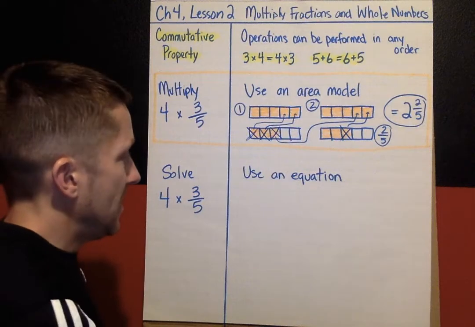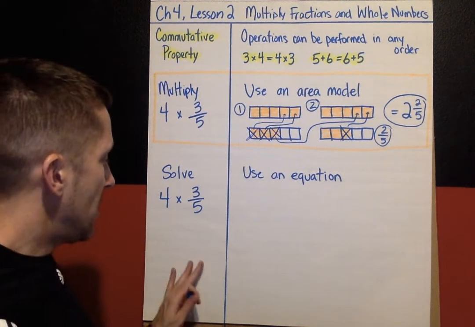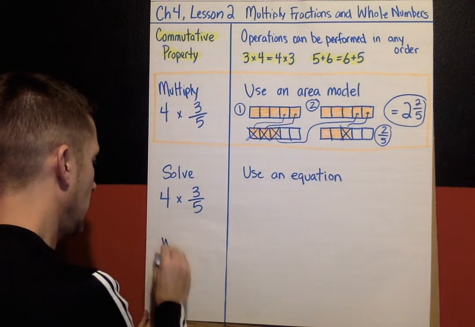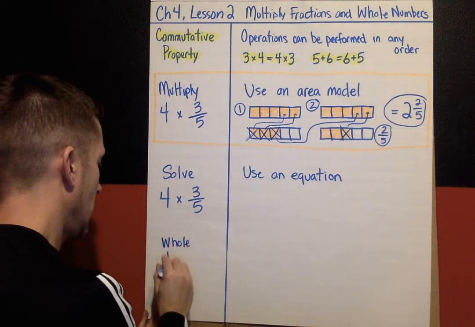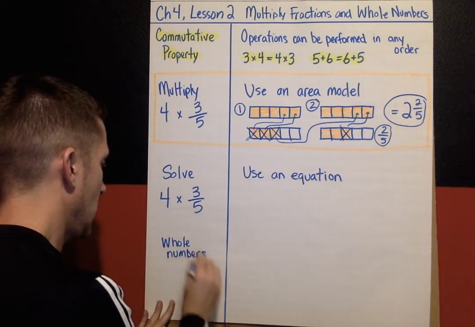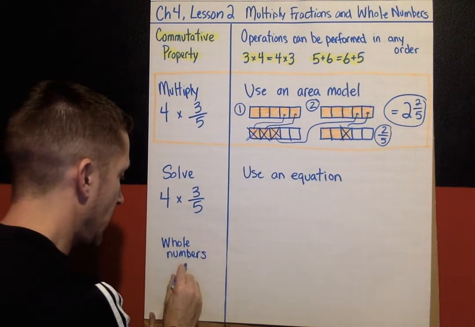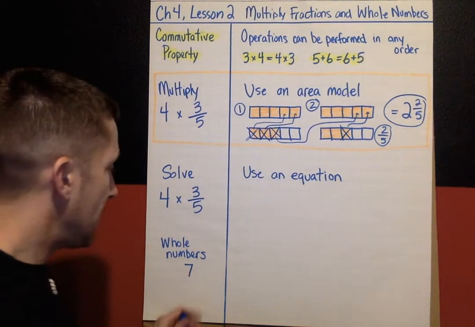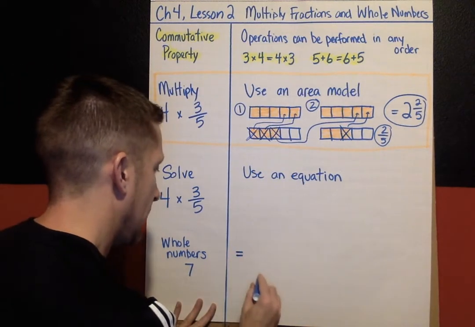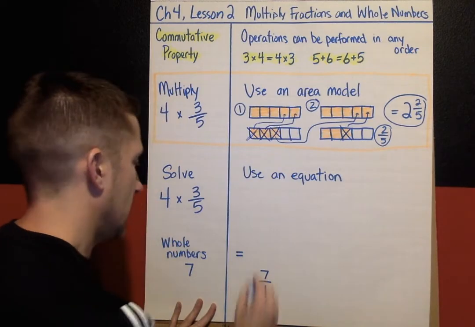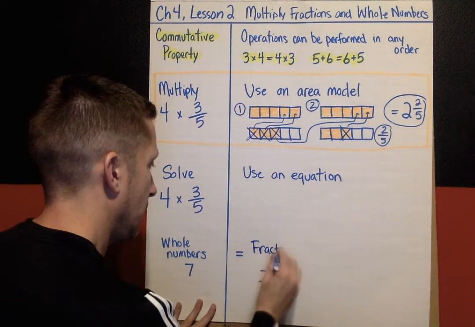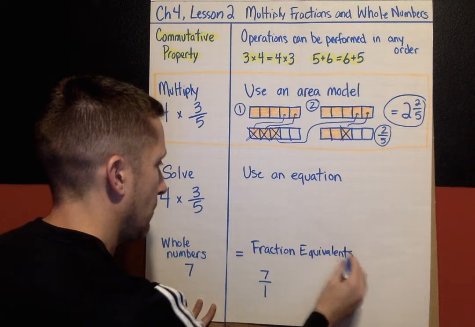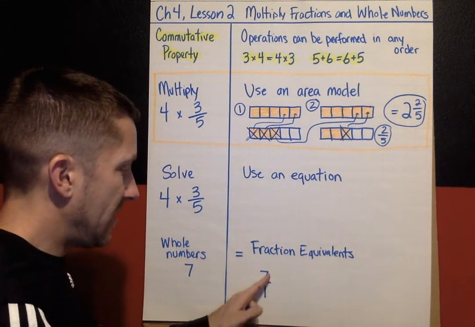4 times 3/5. Now, before I get to my equation, I have to show you that any whole number, like the whole number 7, can be rewritten as a fraction. 7 is the same thing as 7 over 1.